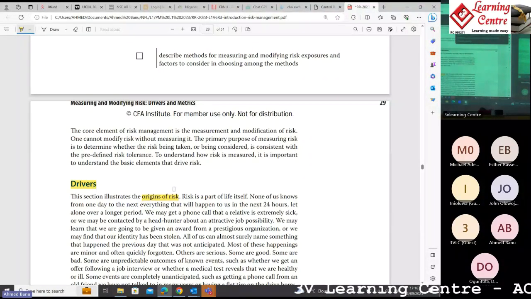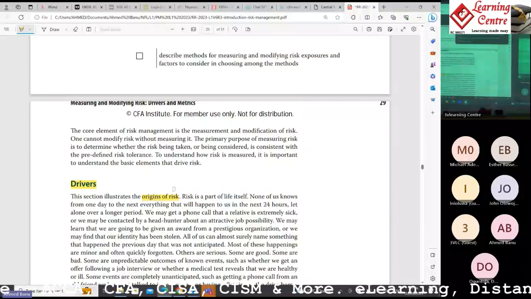A policy was passed in Nigeria that had to do with the unification of FX, of dollars, the unification of the exchange rate. And that is an action. That is somebody's policy. That is a risk driver.